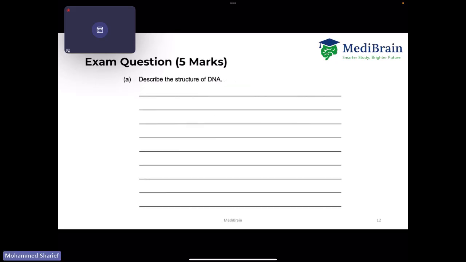Okay, next question says describe the structure of DNA. Okay, so what I'm going to say first, because it says describe the structure of DNA, I'm always going to start off with my point. It's a polynucleotide or a polymer of nucleotides. We've already seen that on one mark scheme. Let's see if it says it on this one. Structure of DNA. So we know that each nucleotide is made up of a deoxyribose, a phosphate group, and a nitrogenous base.